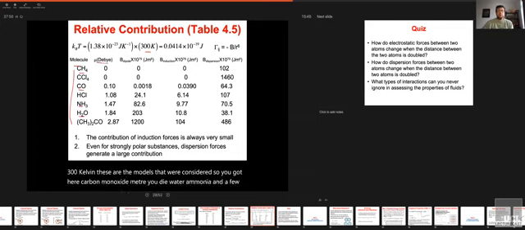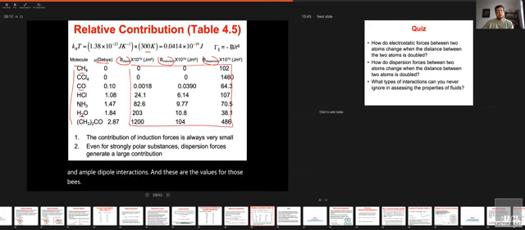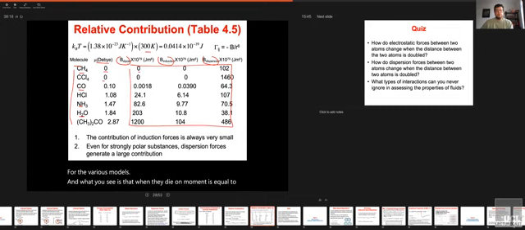Here you got the properties of the molecules, so the dipole moment specifically. And then here are the B's for the dispersion interactions, induced dipole, and dipole-dipole interactions. And these are the values for those B's for the various molecules. And what you see is that when the dipole moment is equal to 0, the dipole-dipole and induced dipoles are going to be 0.